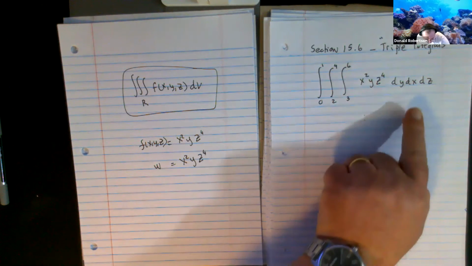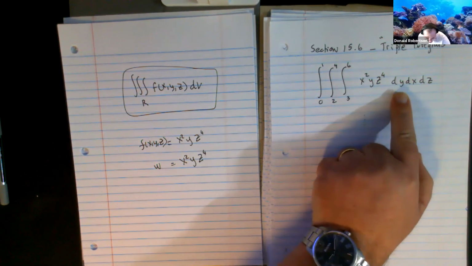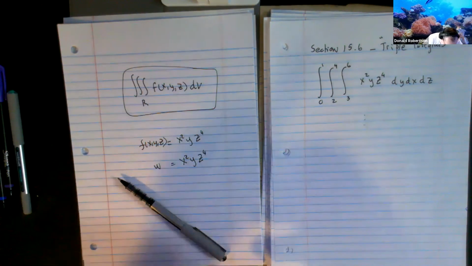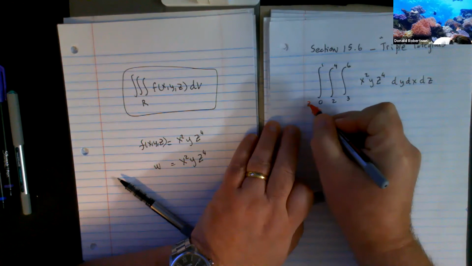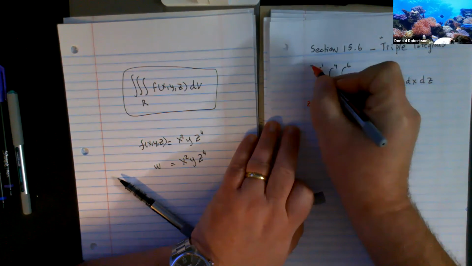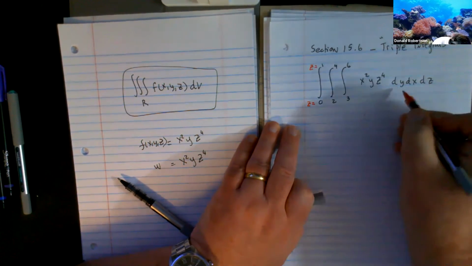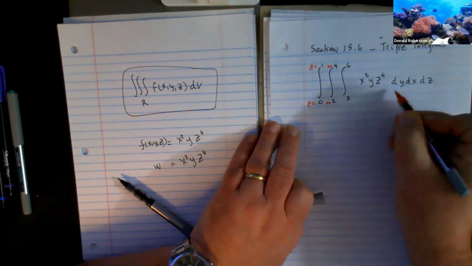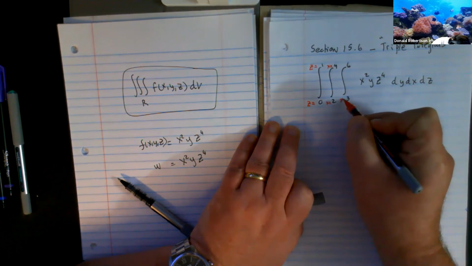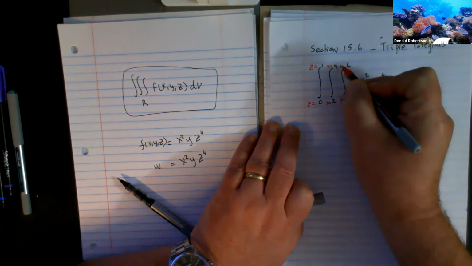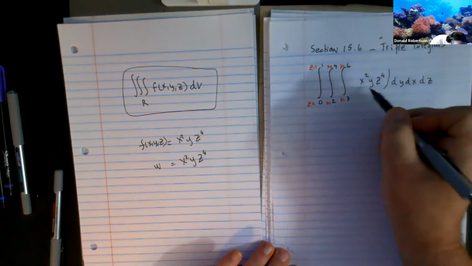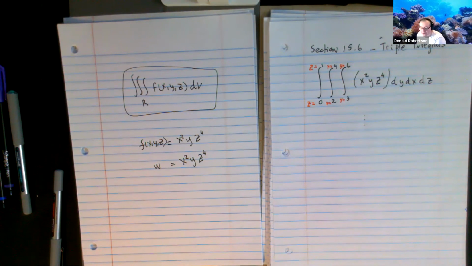In this particular combination, y is first, x is second, and z is third. That would mean that z would go from 0 to 1, x would go from 2 to 4, and y would go from 3 to 6. Now, if no one had ever told you, and I just put that down and said, go for it, what do you think the process would be?